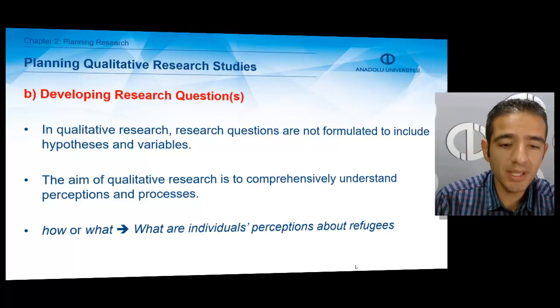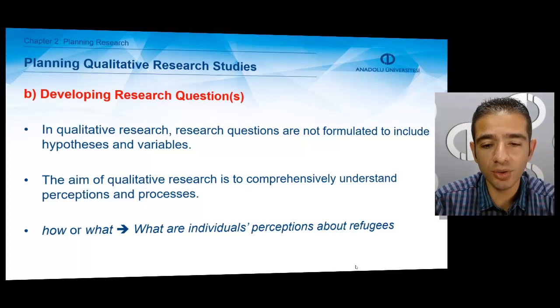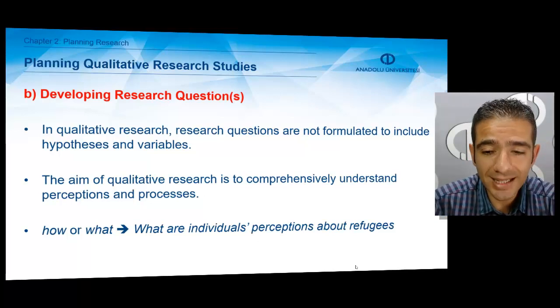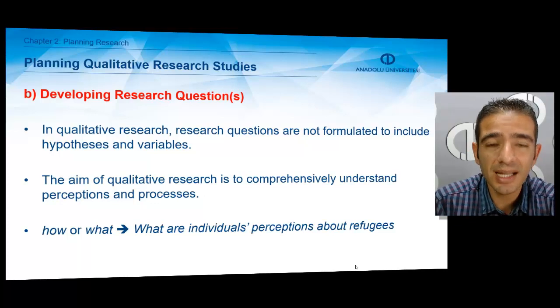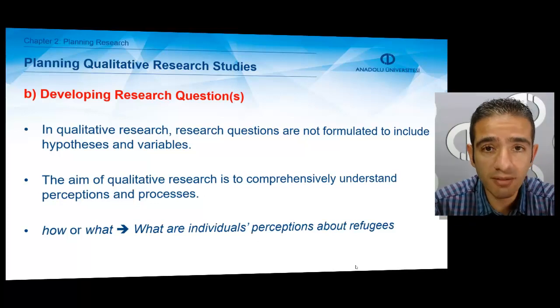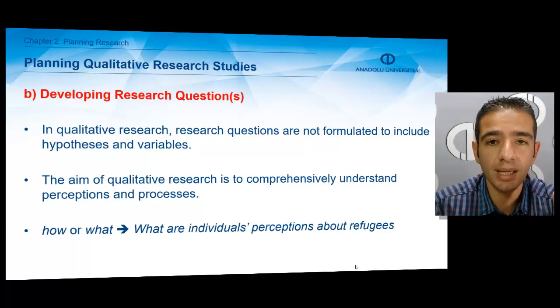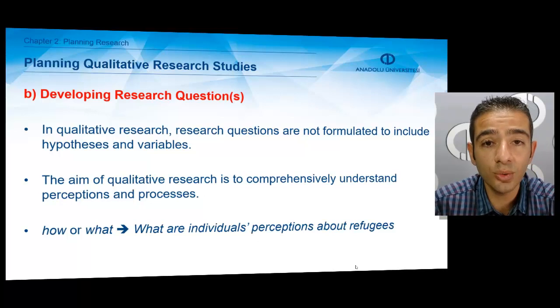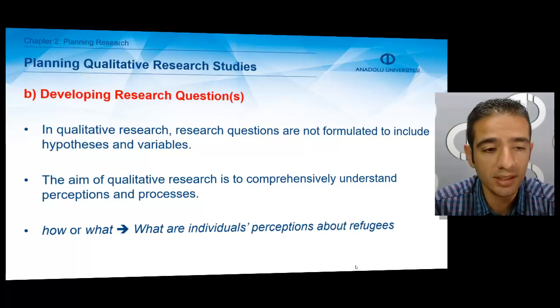I mean, the aim in qualitative research is to comprehensively understand the perceptions and the processes. This is why we ask how and what questions. For example, what are individuals' perceptions about refugees is a good research question for qualitative research.